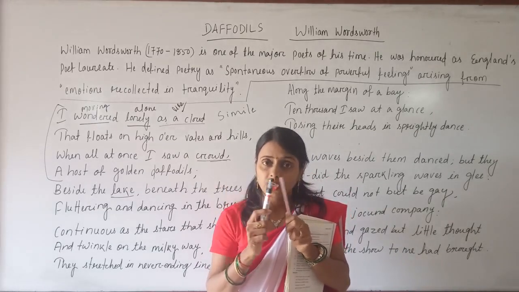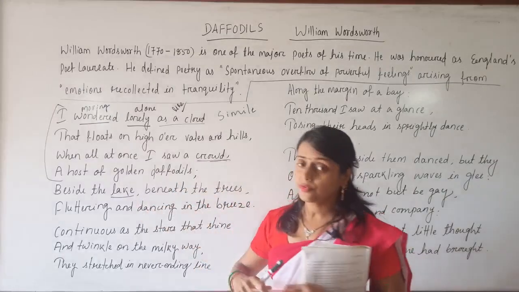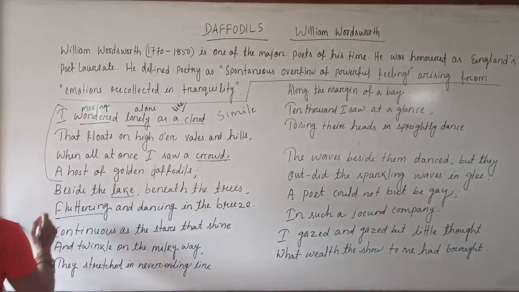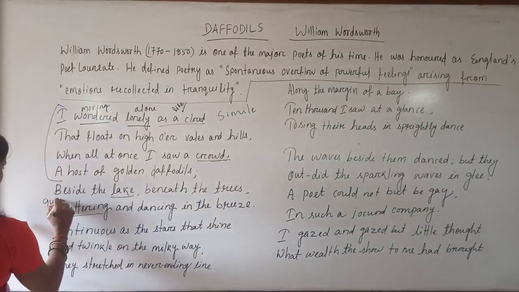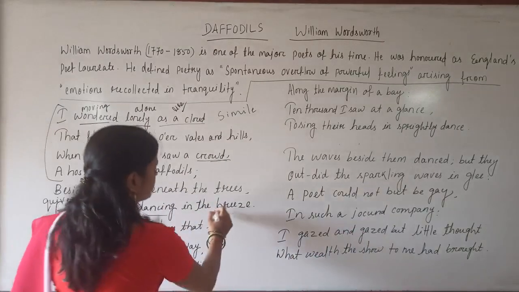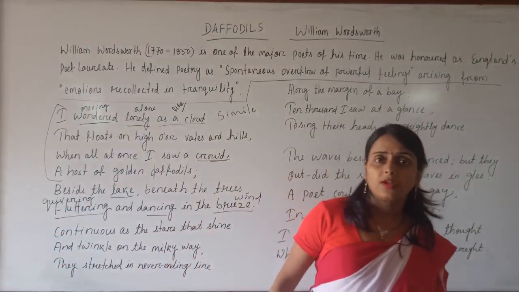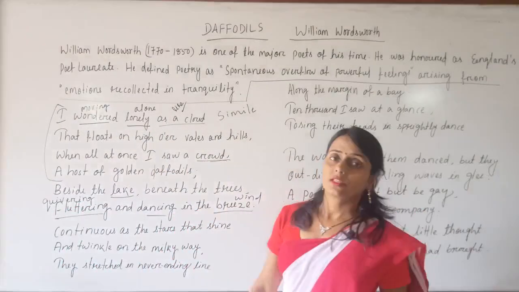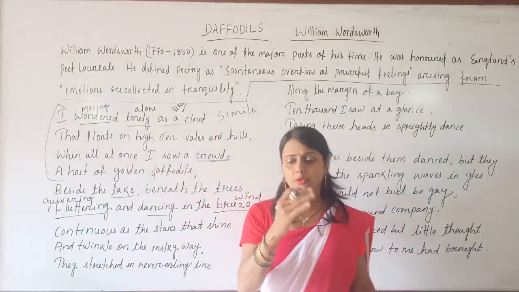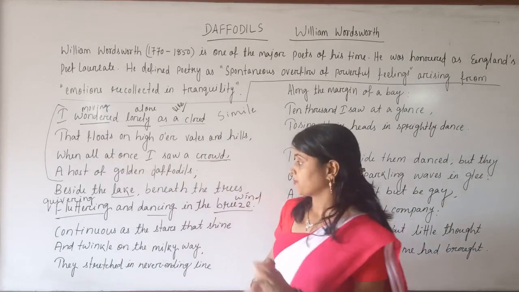So they can touch each other's head, and that is being mentioned here, that the flowers are fluttering, meaning quivering, shaking, and dancing in the breeze. Breeze means wind. And what were the flowers doing? The flowers were moving, as well as dancing in the breeze. Wind was blowing and the flowers were dancing, and they were also shaking their body completely.